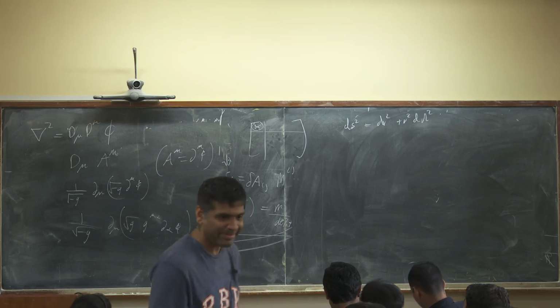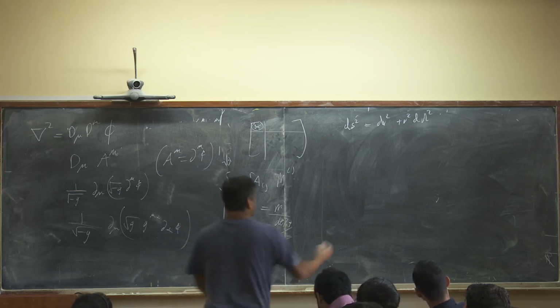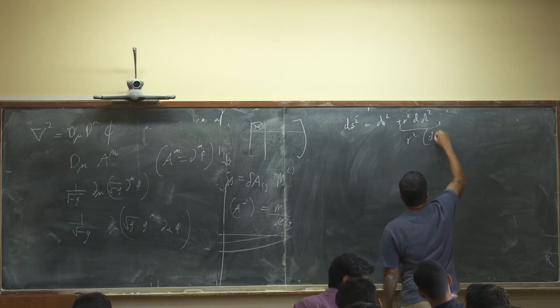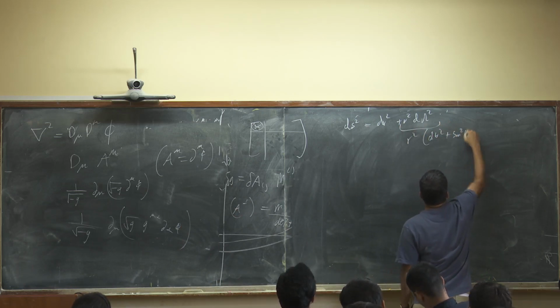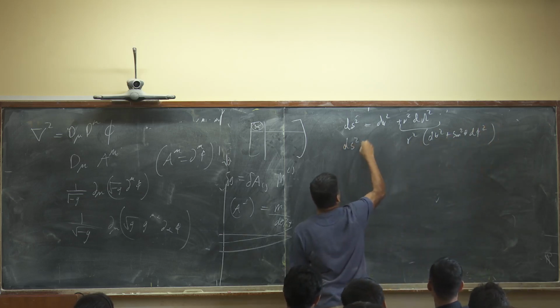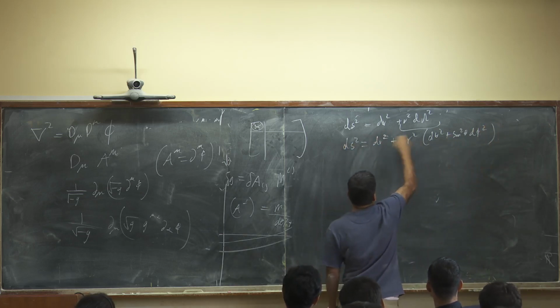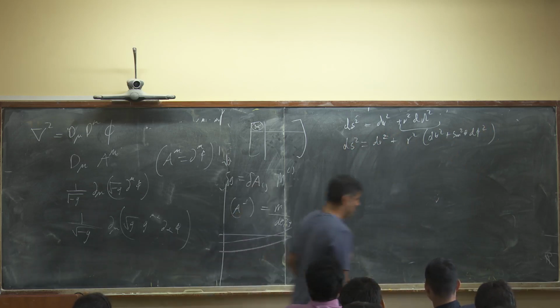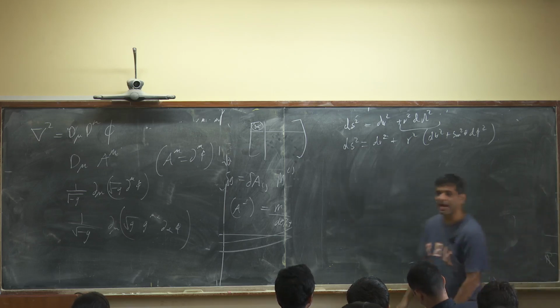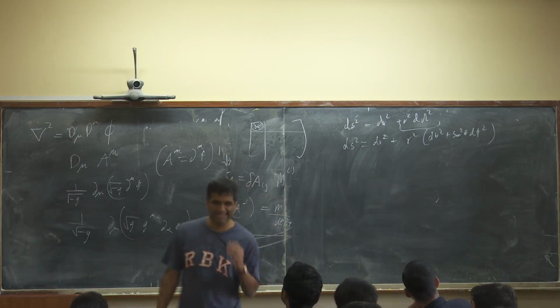Okay, let's write it, let's be totally explicit. So r squared times d theta squared plus sine squared theta d phi squared. Now, computing gammas, even in this simple thing, is a bit of a pain.